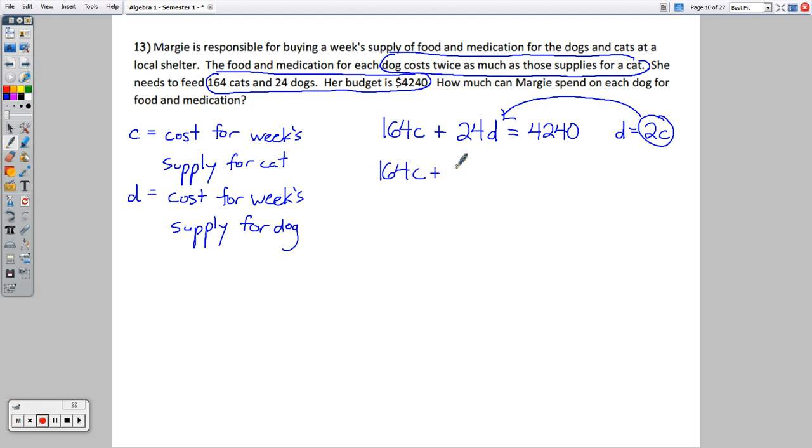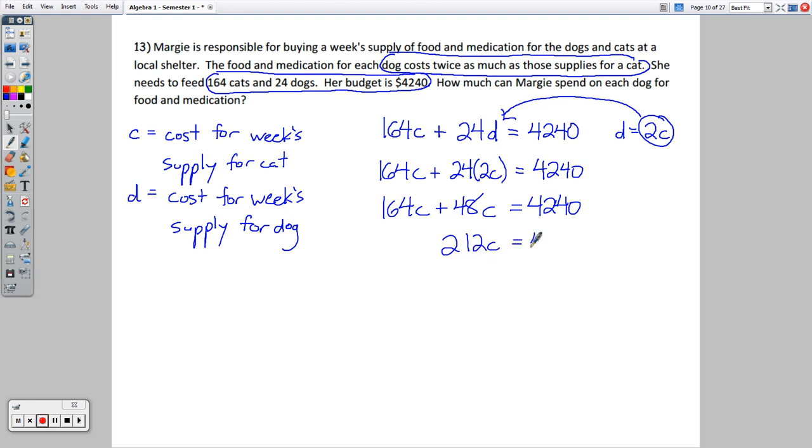So we have 24 times 2C. This is 4240. 164C plus 48C equals 4240. Combine like terms there, that's 212C is 4240. And then divide by 212. This gives you your cat price of 20.